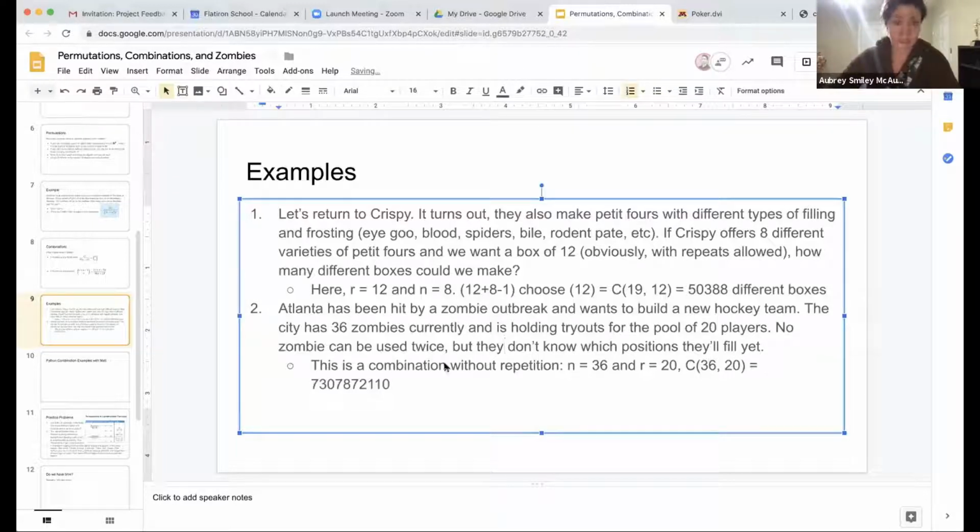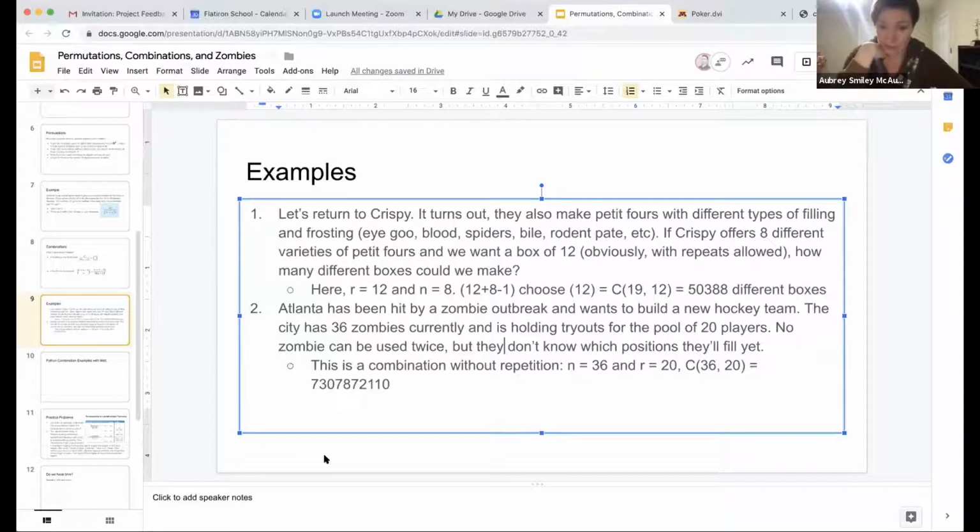All right, a zombie hockey team. Why not? So at a given time, there are 6 guys on the ice. But zombies aren't very used to playing hockey, so we're just picking the guys who can ice skate pretty reasonably. So we don't know the positions yet. We are casting for 20 players, and there are no replacements.